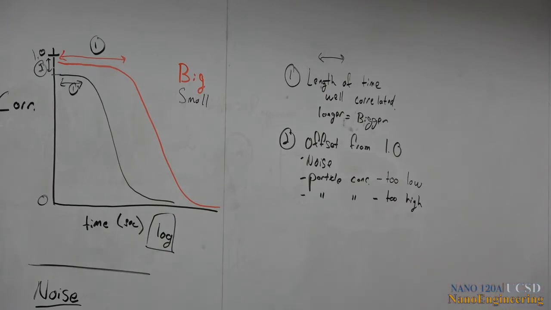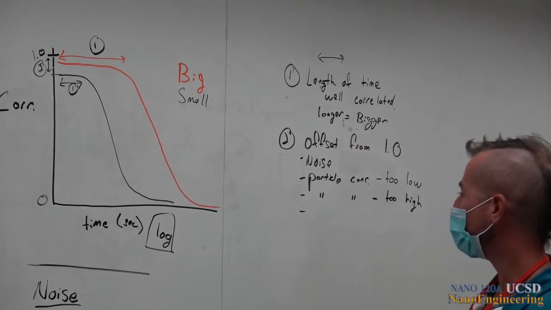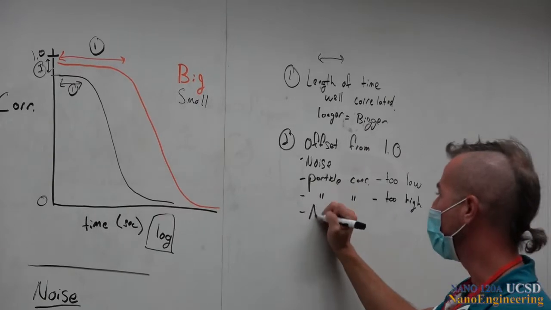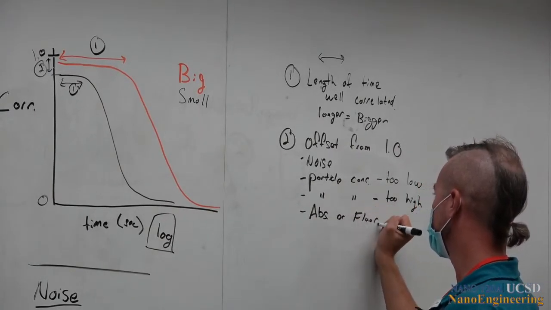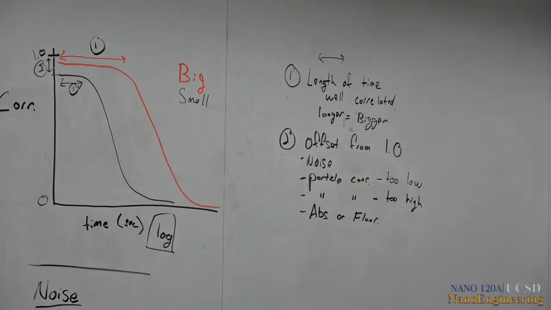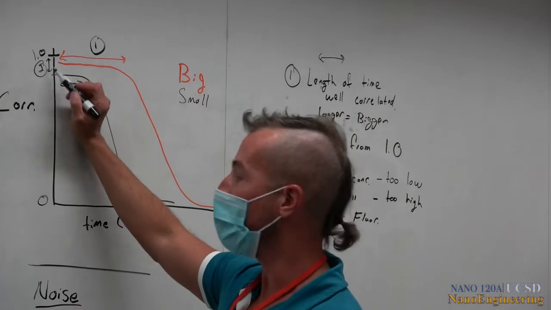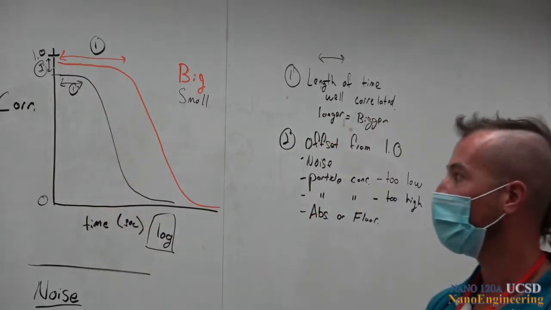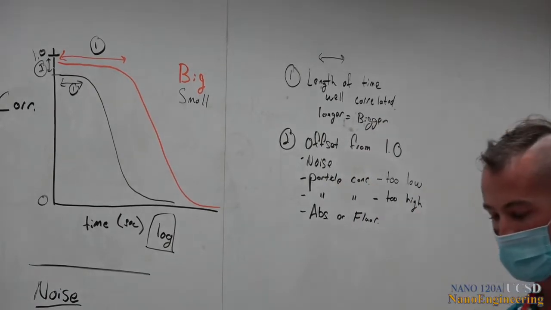Similarly, too low of a concentration, right? You could also have other things like absorbance, fluorescence. If you have absorbance or fluorescence, you're going to have extraneous photons hitting the detector, and therefore you have less of an offset from perfect correlation, even at baseline.